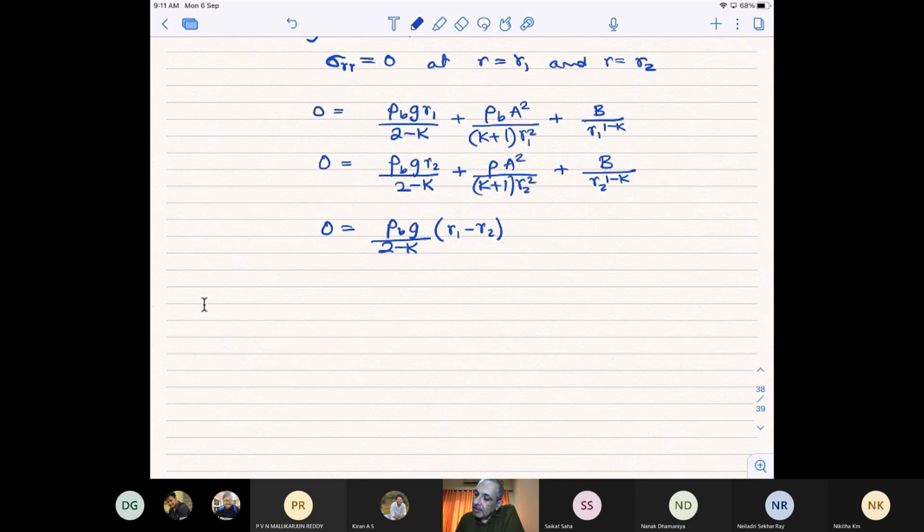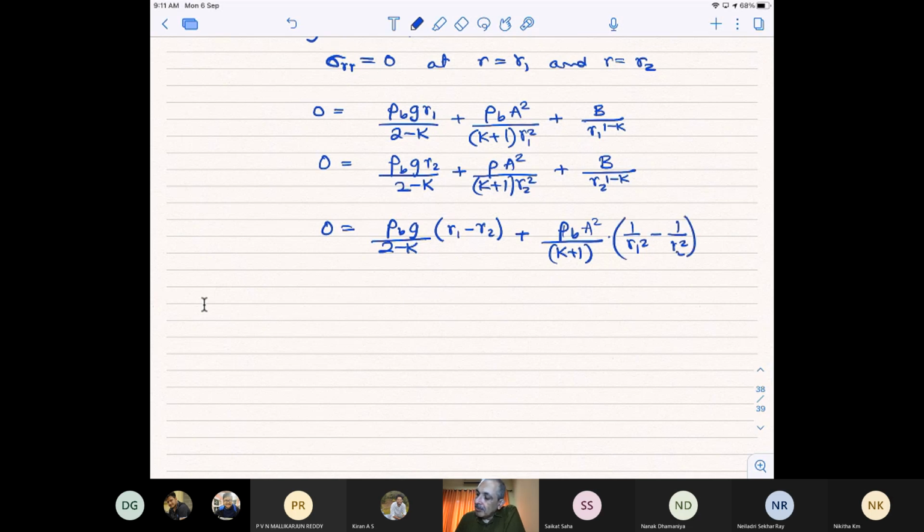Now r1 is smaller than r2, so this will be a negative number, plus rho b a squared divided by k plus 1 into 1 by r1 squared minus 1 by r2 squared.